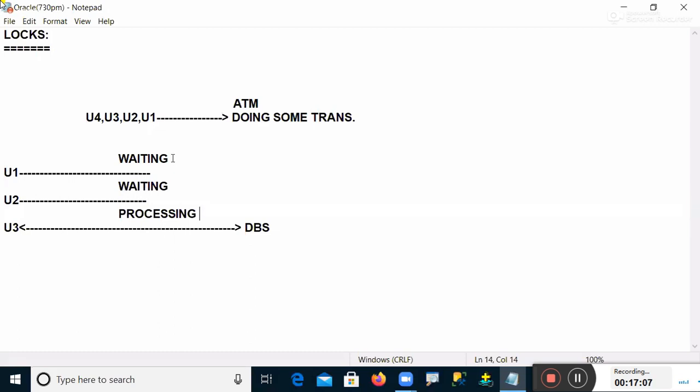Under waiting means your database is keeping these two requests under lock position. Waiting means those requests are under locking position. So when this lock is released, once user number 3's request processing is completed, then these users' requests will be unlocked.